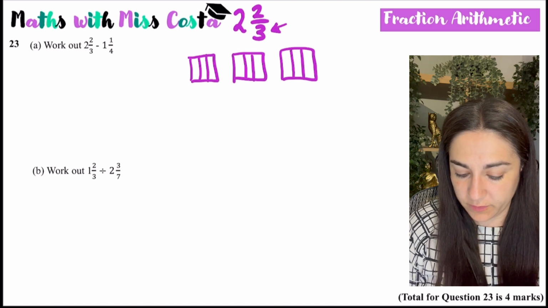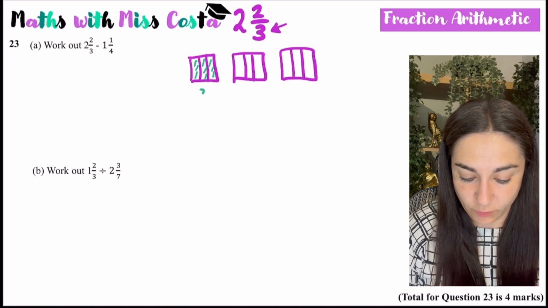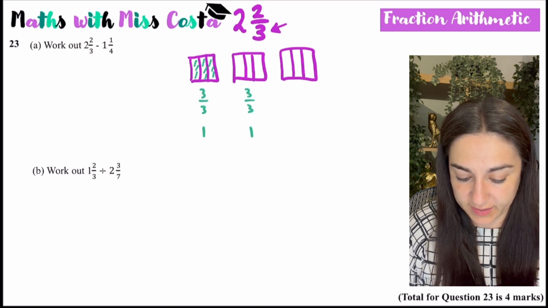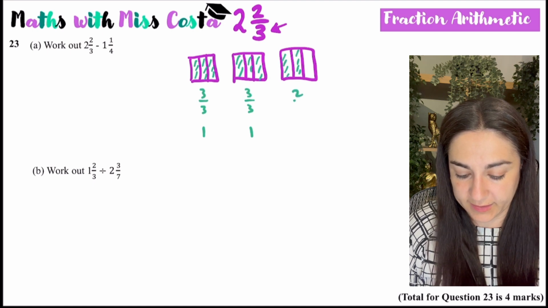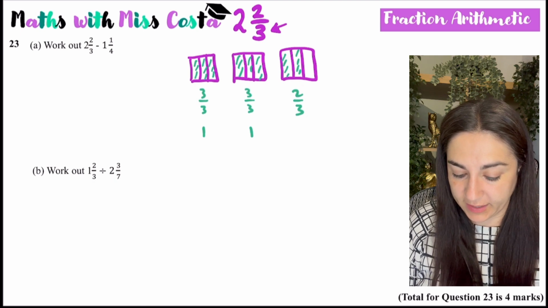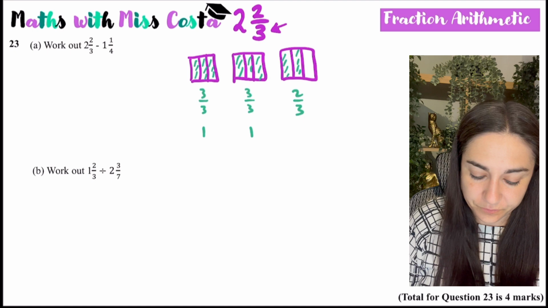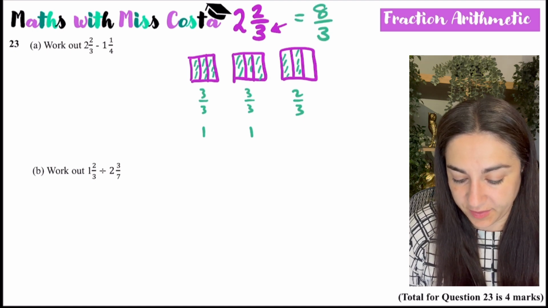So here I've got 2 wholes that have been filled up. So you've got 3/3 makes 1. You've got 3/3 here, that makes 1. And you've got 2/3. So in total, you've got 3 plus 3 plus 2, which makes 8. So 2 and 2/3 would become 8/3.